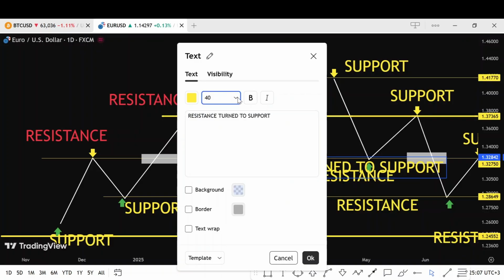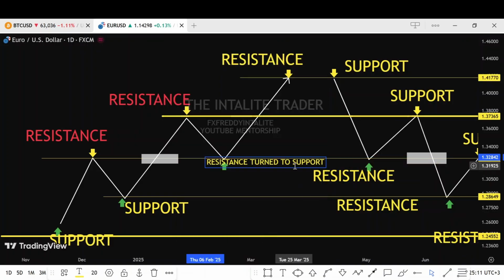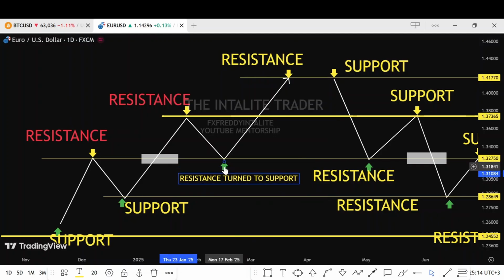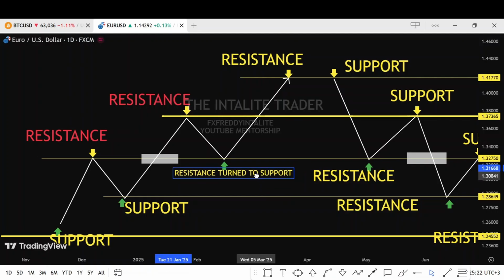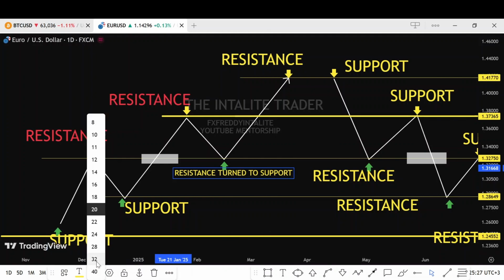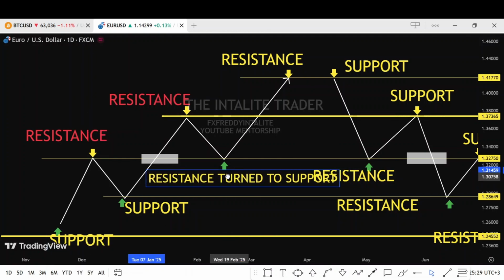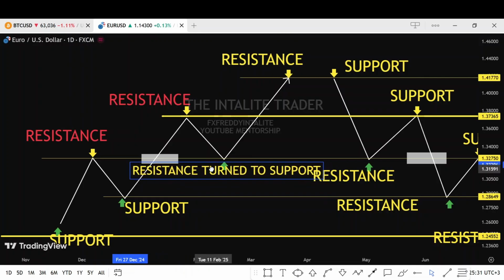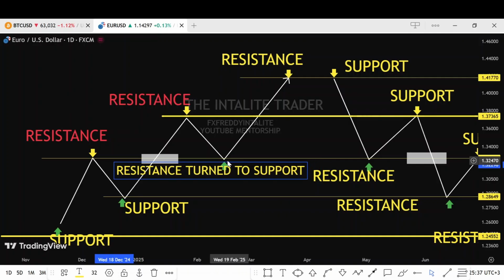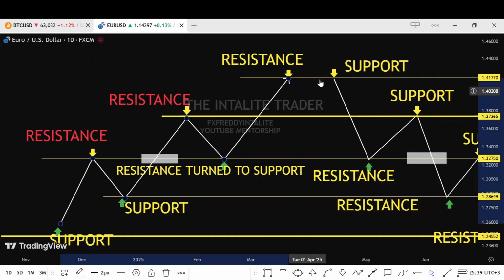So this becomes a resistance level turned to support here. It becomes a support level because previously it was resistance and now it becomes a support level.